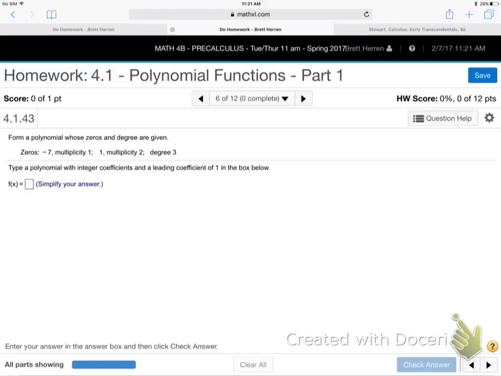They're going to tell us some zeros and the multiplicity. Now again, the multiplicity means the power on that parenthesis factor. So go ahead and write what you can about that equation. So we have a minus 7, a 0 that is minus 7, and its multiplicity is 1.